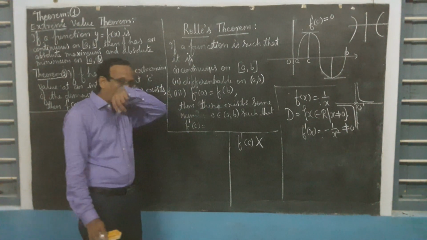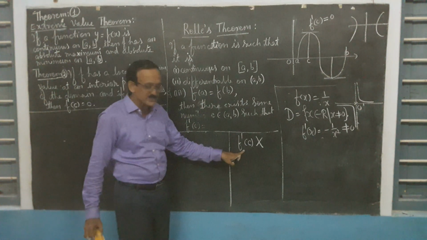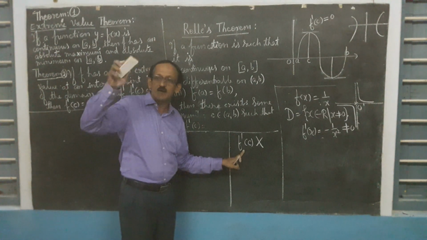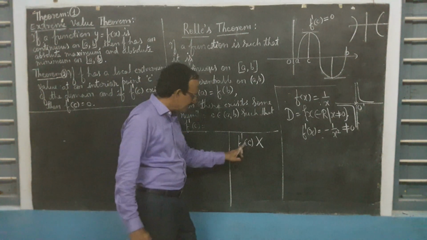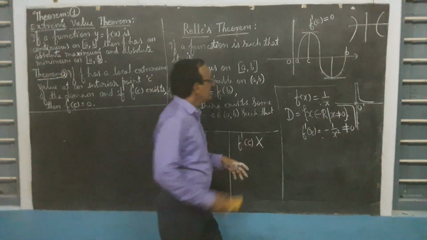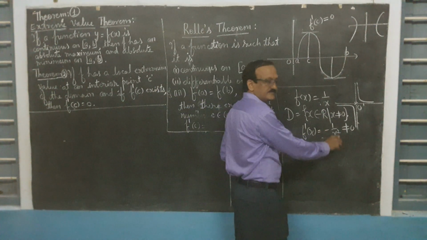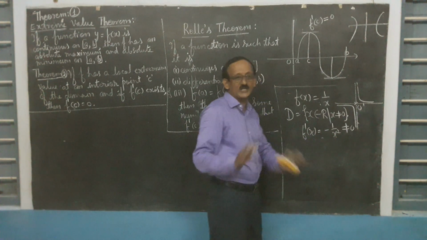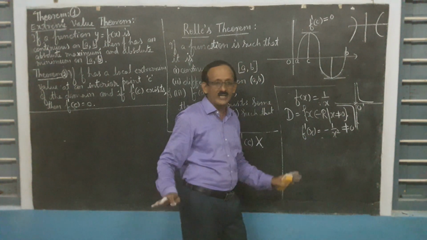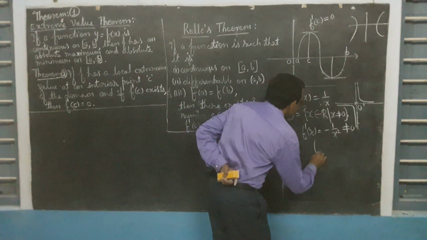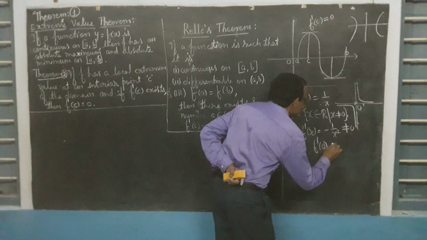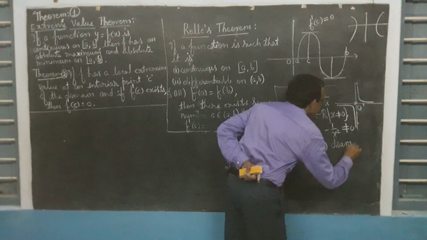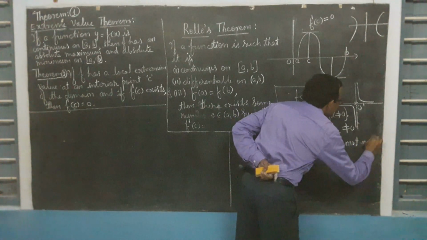The only channel left out is this: to find numbers at which derivative does not exist. Clearly at x equal to 0, derivative does not exist. So f dash 0 does not exist.